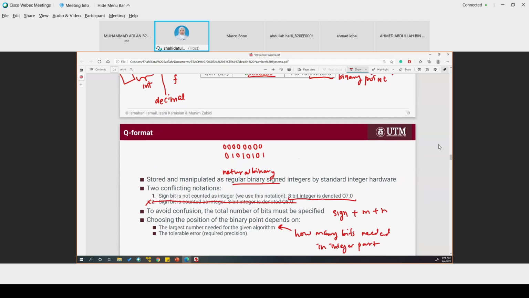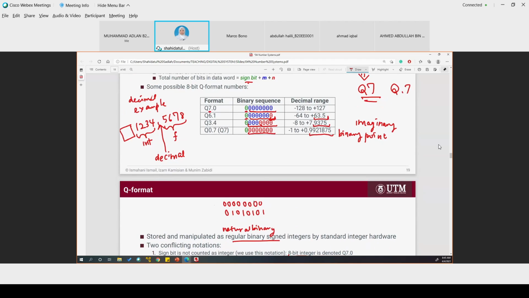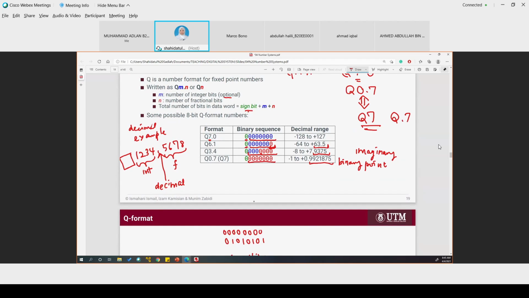The longer the number of bits in the integer part, the bigger the decimal range you can have, in the m part.